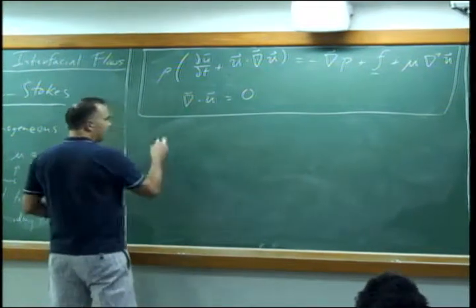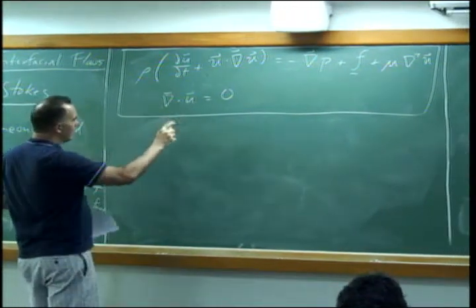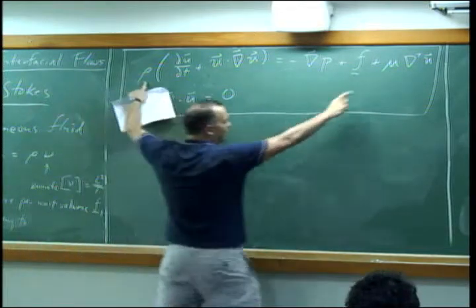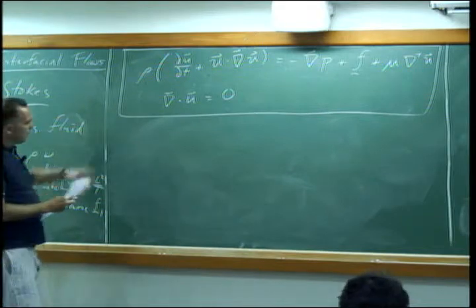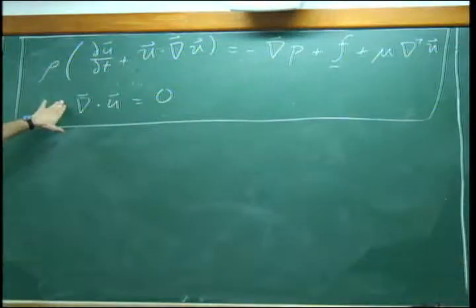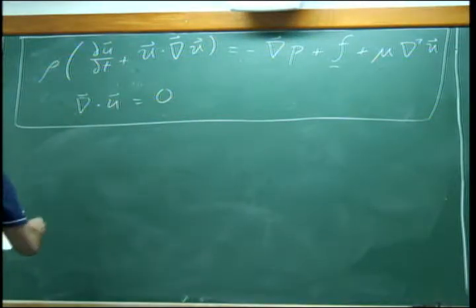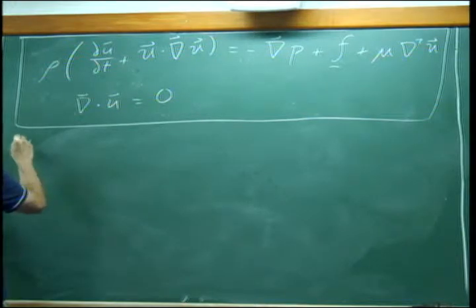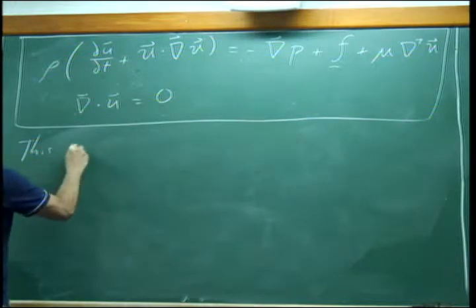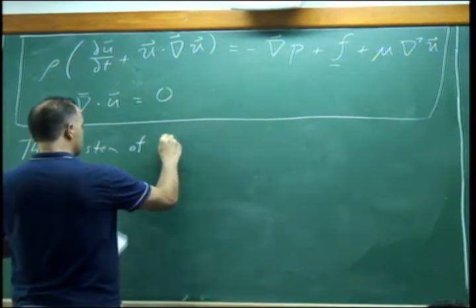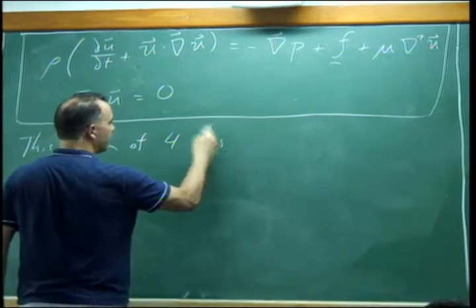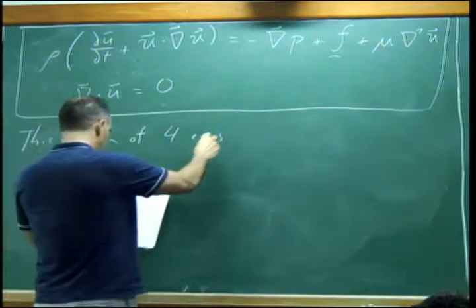Okay, so notice that these are simply properties of the fluid, but it's a set of 4 equations and 4 unknowns. So this is a statement of incompressibility. It's 4 equations because the first equation is a vector equation, so it's really 3.